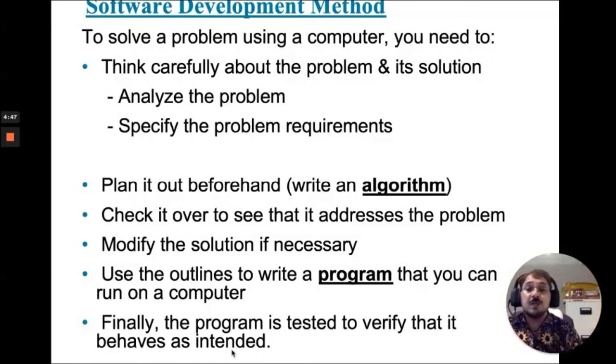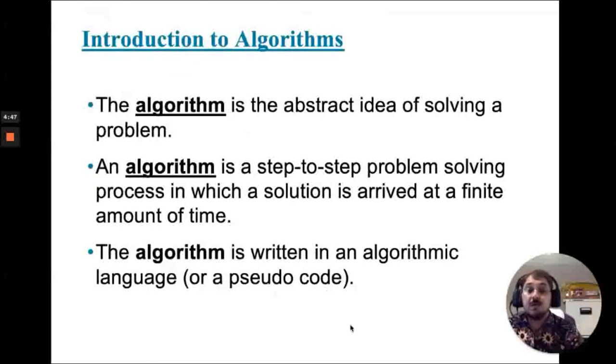This is the whole philosophy of the computer and IT world: understand the problem, analyze the problem, write the solution step by step, check the solution. If the solution needs modification, modify it, otherwise convert to a computer program. So when we write the steps in our own language or in English, this is called an algorithm.